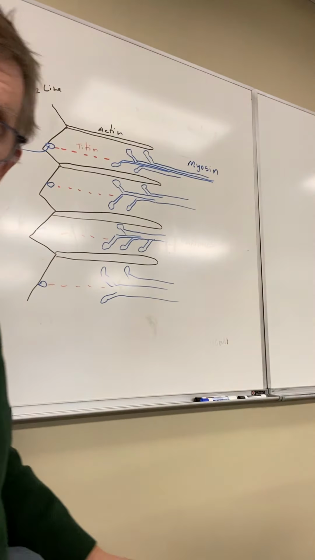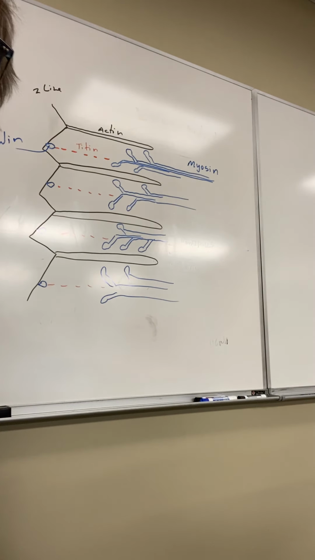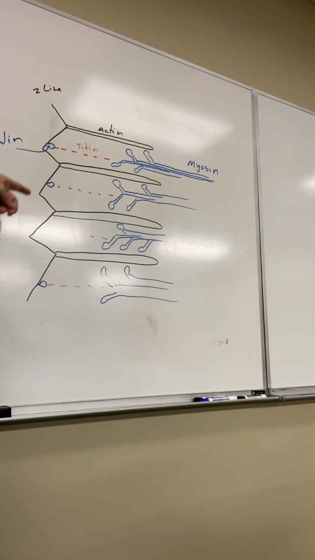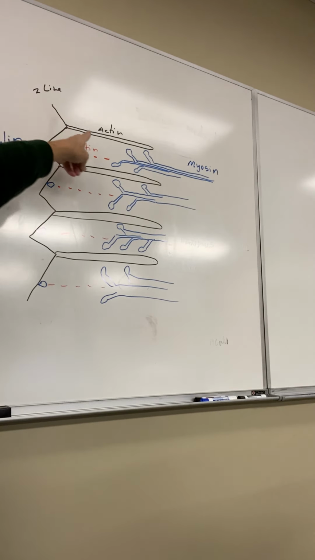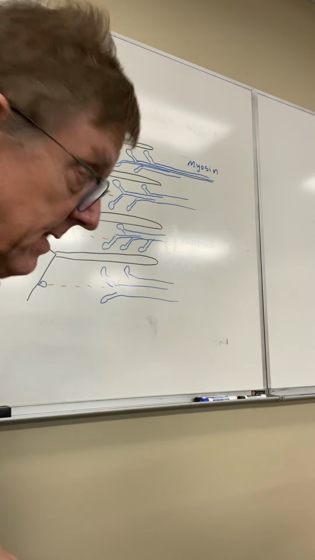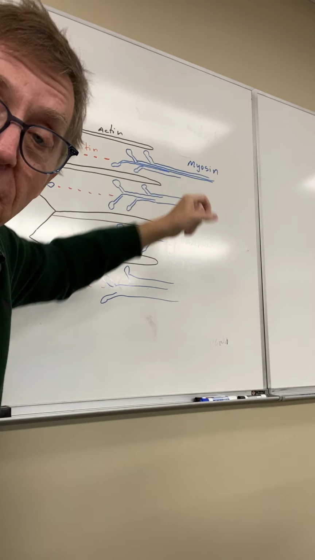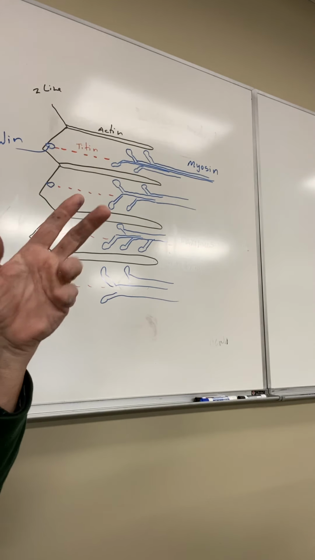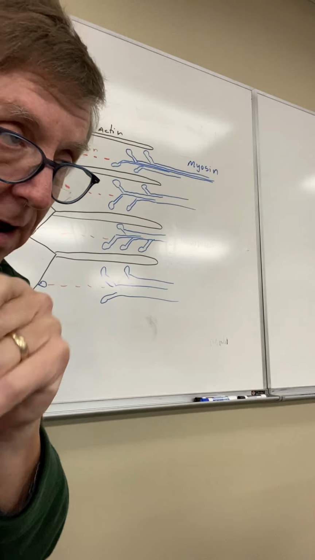I've drawn a picture of just one side of a sarcomere. So we have the Z line here, and attached to it we have the thin myofibrils, the actin, and in the middle we have the myosin. And you notice that we have myosin heads there.